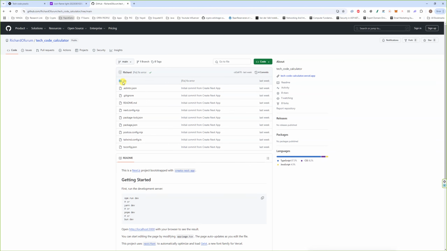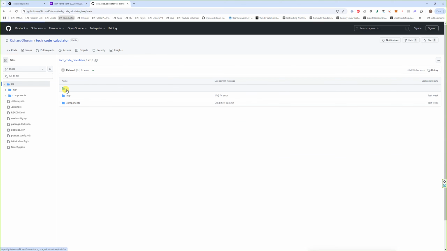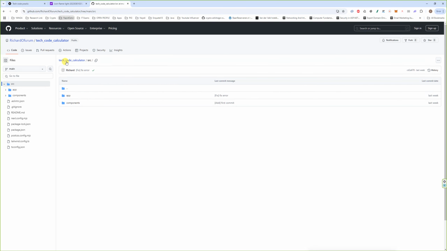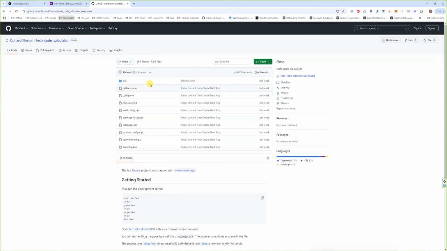If you really want to go into full black box testing, then you have to download this code to your local machine. This is a framework called React. Oh, actually, not Next.js. Next.js and React are quite similar in some ways. So this is a Next project.